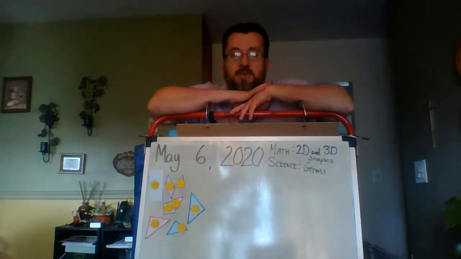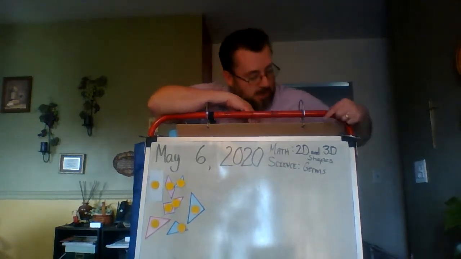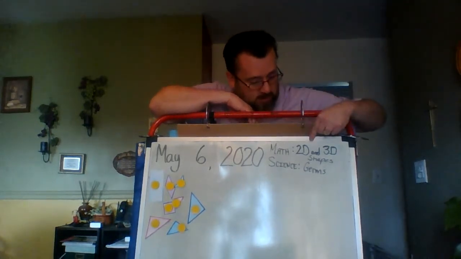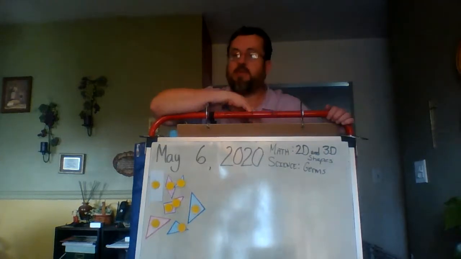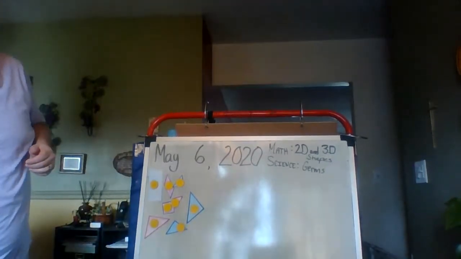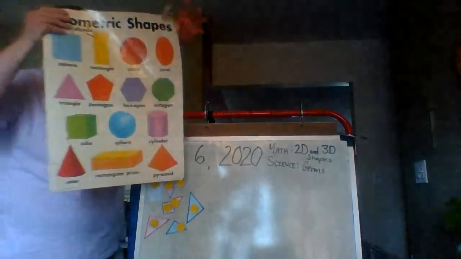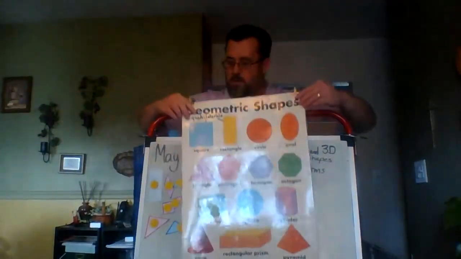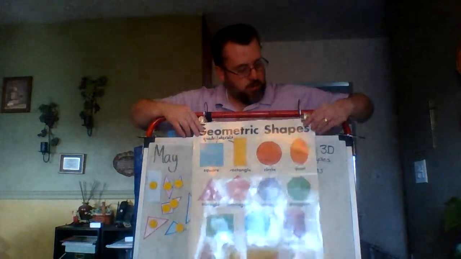Today, first, I want to just do a quick review of the things I taught on Monday. So you'll notice first I have listed here math, 2D and 3D shapes. Remember that two-dimensional shapes are the shapes that only have length and width.